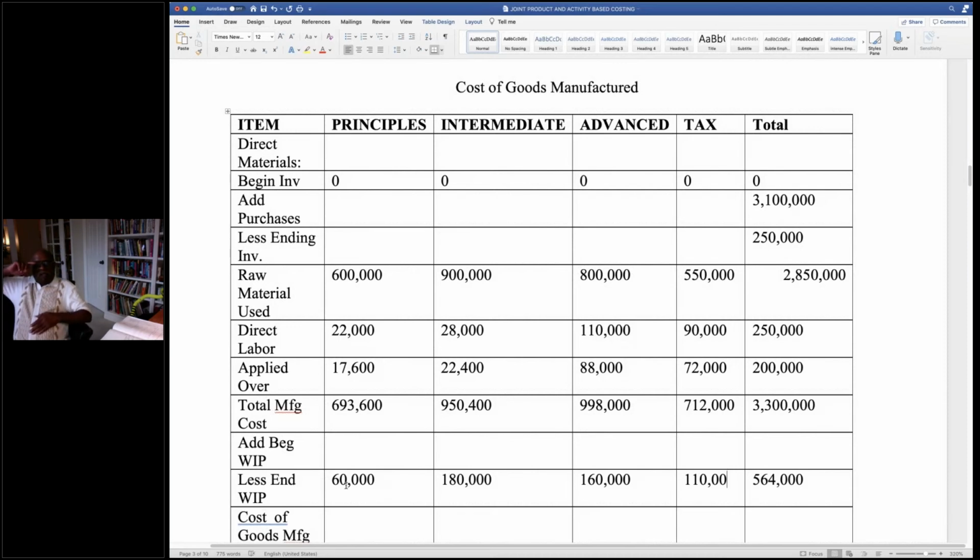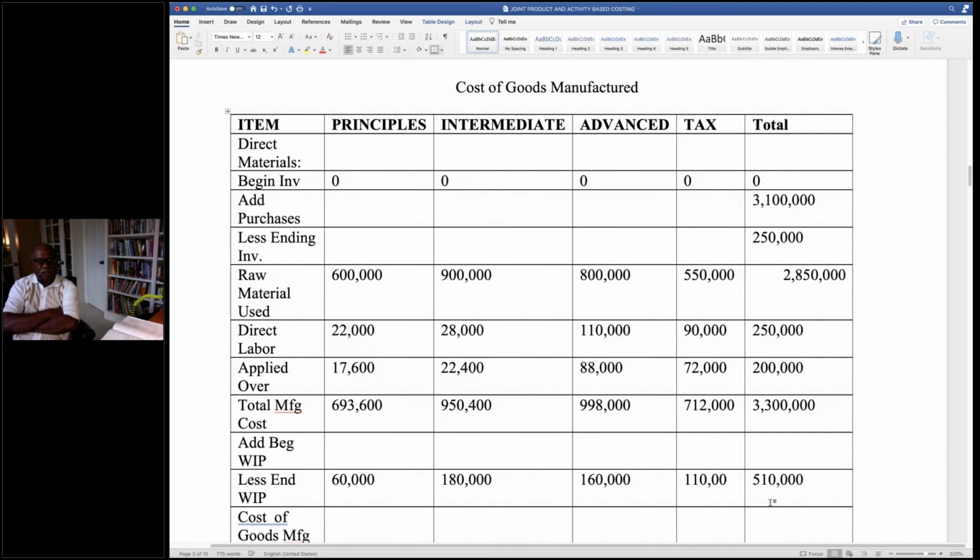So add those across and see what you get. Put the 0 on the tax to make it 110. We get 510. You get what? 510,000.